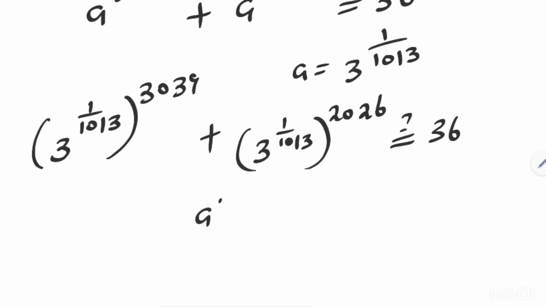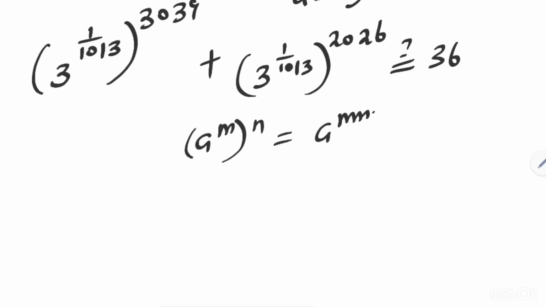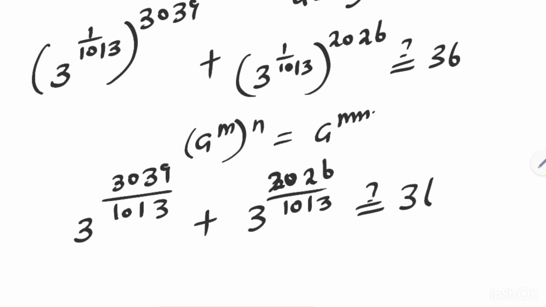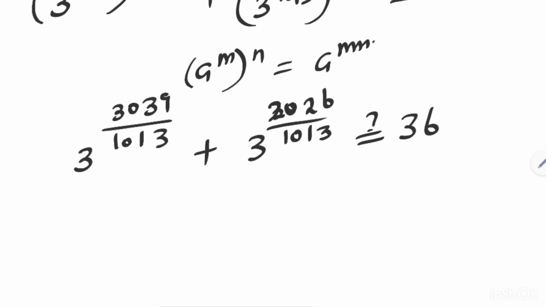Then if you have a raised to power m to the power of n, this is equal to a raised to power mn. Now we have 3 raised to power 3039 over 1013 plus 3 raised to power 2026 over 1013 must be equal to 36. 3039 over 1013 is 3, and 2026 over 1013 is 2.